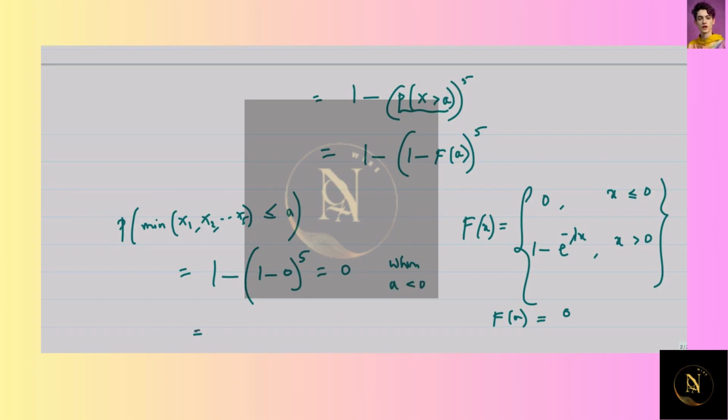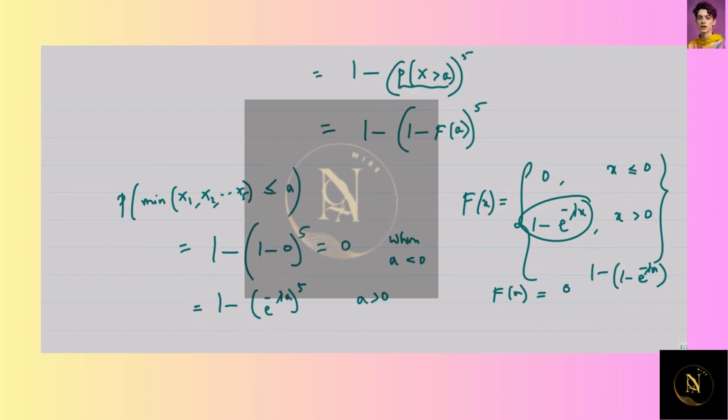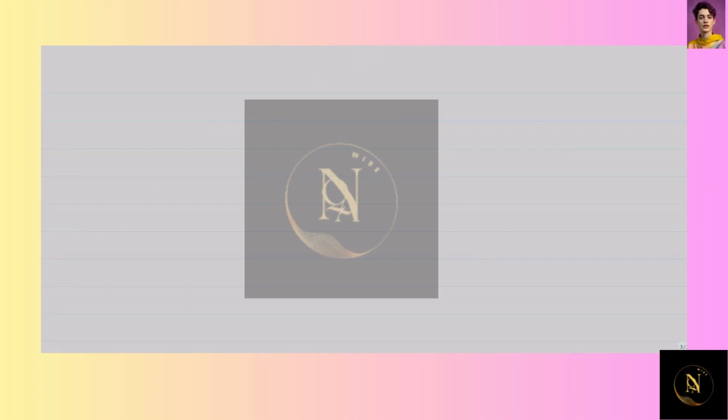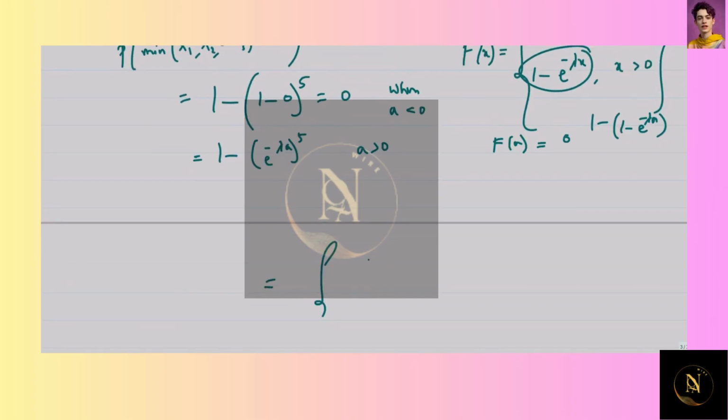When a is positive, it is 1 minus of 1 minus e power minus lambda a, which is e power minus lambda a, whole power 5. This is when a is positive. So the final answer for this question is 0 when a is less than 0, and 1 minus e power minus a lambda into 5 when a is positive. This is the final answer.